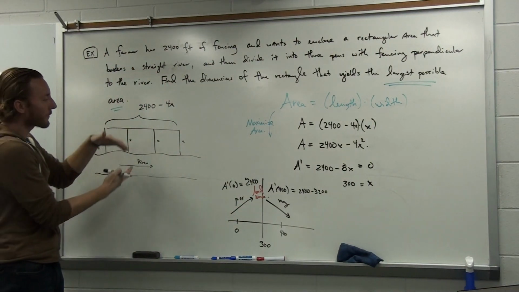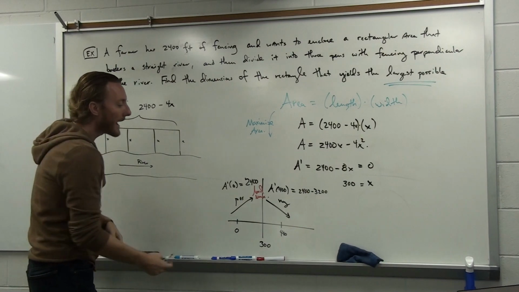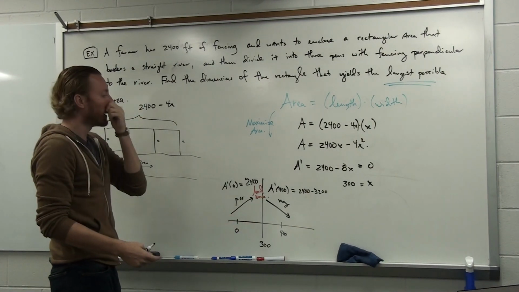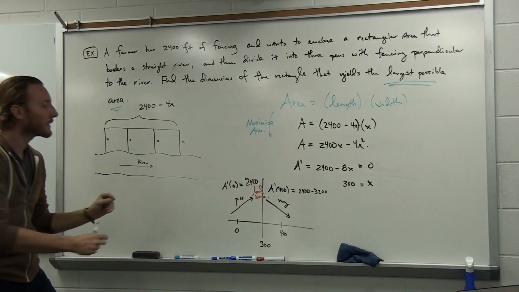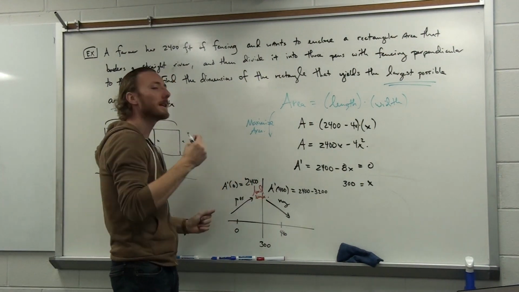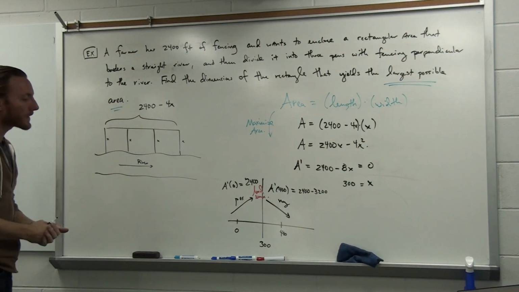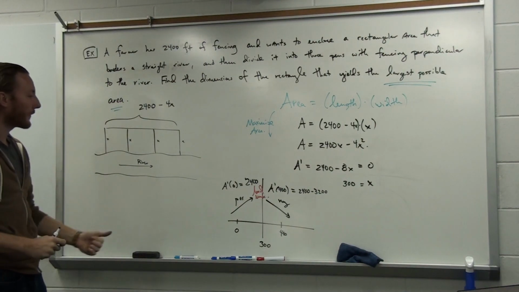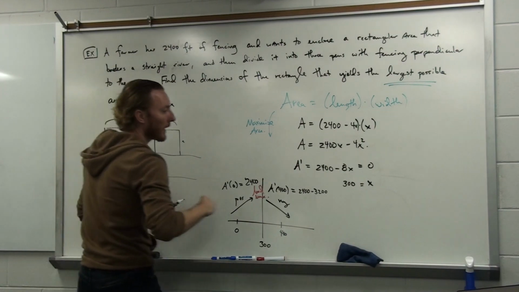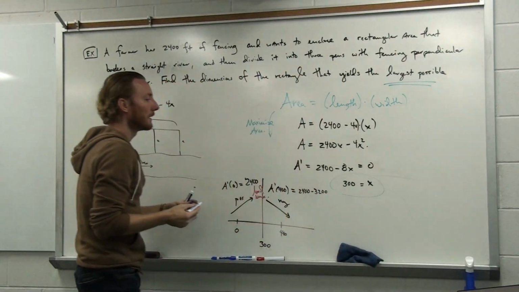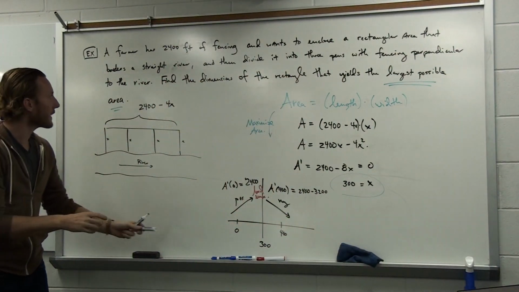So any more than 300 feet, you'd be losing area. Any less than 300 feet, in terms of the depth that you would build away from the river, you would also be losing area. In order to get the maximum possible area in this situation, 300 feet is how far you have to go.